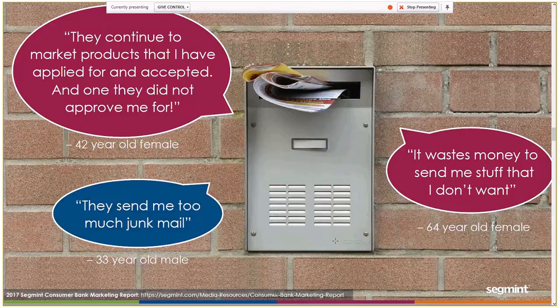But the key are the expectations of those messages. Are they personalized to that customer through that channel? You see here just an example, a 42-year-old female, pointing out this is a real quote that her institution continues to market her products that she's already applied for and accepted, right? And one they did not even approve her for, right?